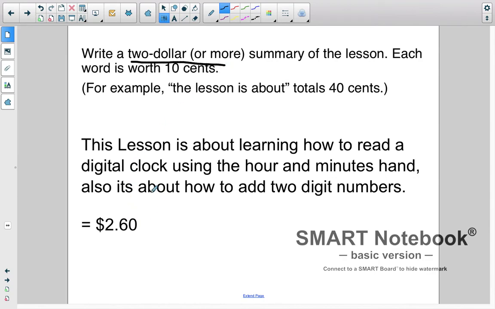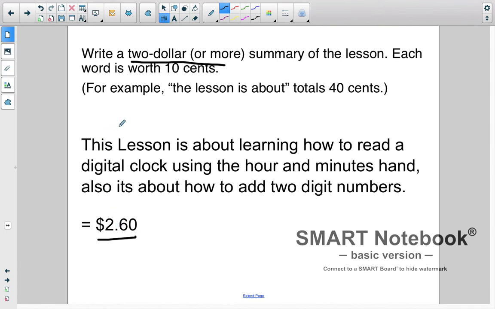So if we look back to my example right here, it says this lesson is about learning how to read a digital clock using the hour and minutes hand. Also, it's about how to add 2-digit numbers. This is not what we learned today in this lesson. This is an example. But it equals $2.60 because if we count this, it's more than $2. Let's count it. Remember, each word is 10 cents to make sure it equals $2.60.